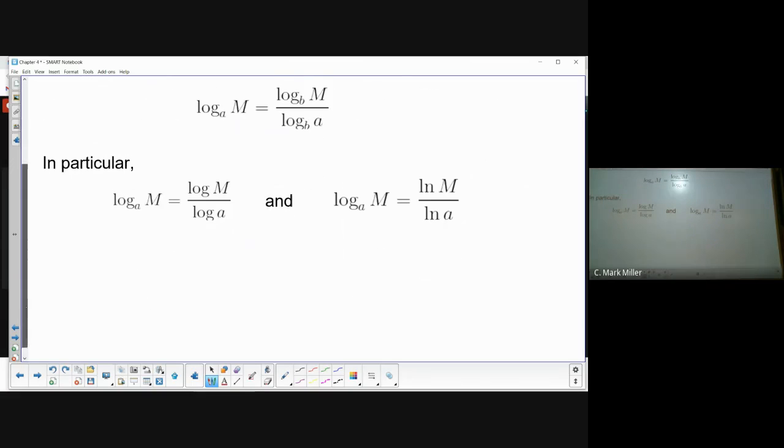Right? So on your calculator, you have two logs. If I want a log of any base a, like log base 2, which we were talking about a few slides ago, I don't have log base 2 on my calculator. But I can find log base 2 using my common log key or my natural log key. Now, maybe it'll be clear after this example.